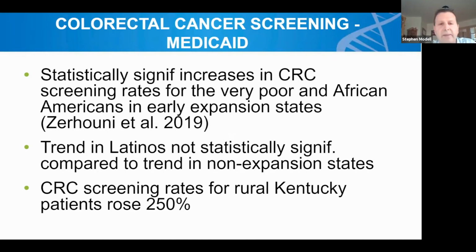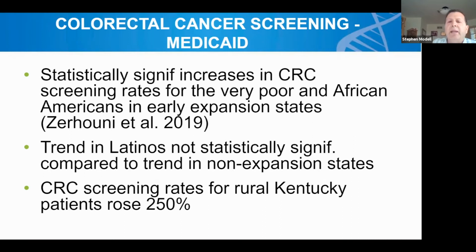Zerhouni et al. conducted a survey published in 2019 that found significant increases in CRC screening rates by about 6% for the very poor, and this was from 2012 to 2016 in early expansion states. Zerhouni found 11% improvements in CRC screening under Medicaid in early expansion states for African Americans. The data for Latinos is a little bit less clear cut.